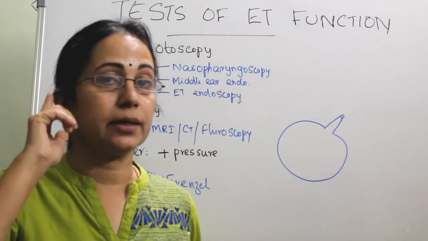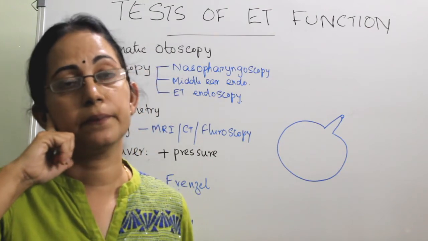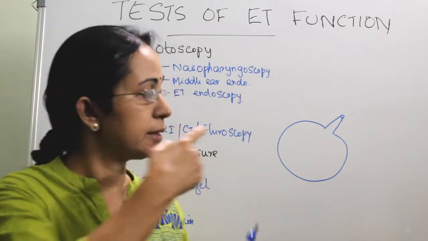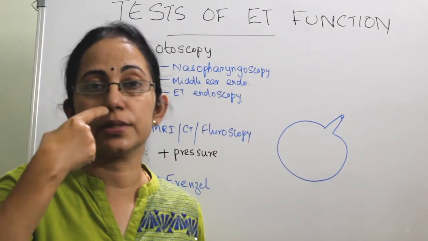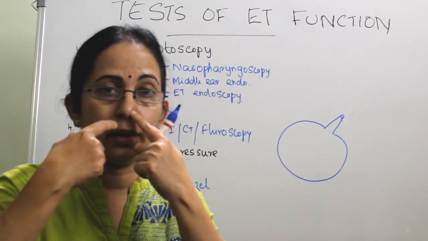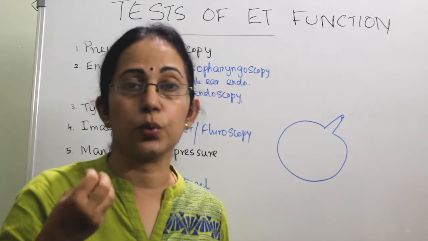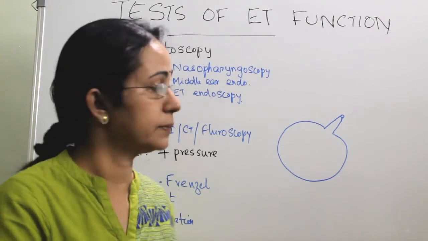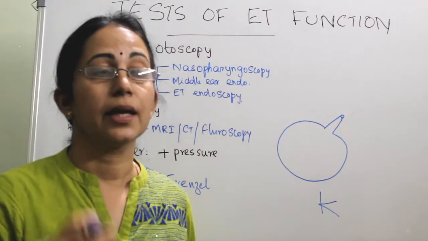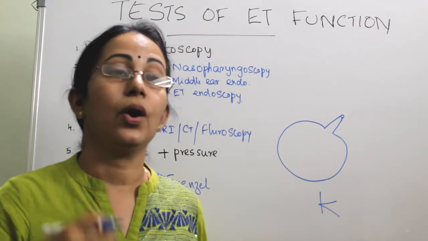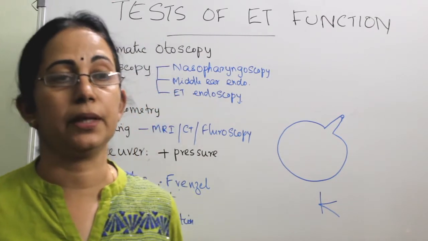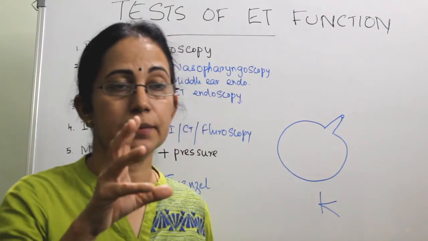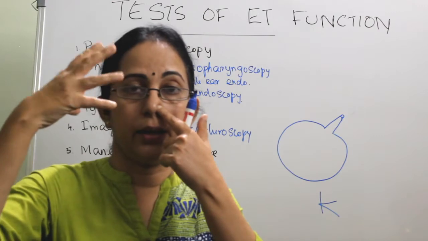If I am checking the right Eustachian tube function, you ask the patient to close the left nostril and keep the nostril end of this into the right nostril, and ask the patient either to swallow or to produce the sound K, K, K, K, or at the same time ask to swallow. Both these can be done. At the same time, you compress the end of the Politzer bag.